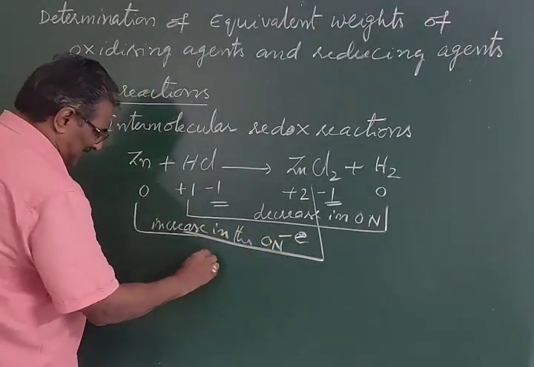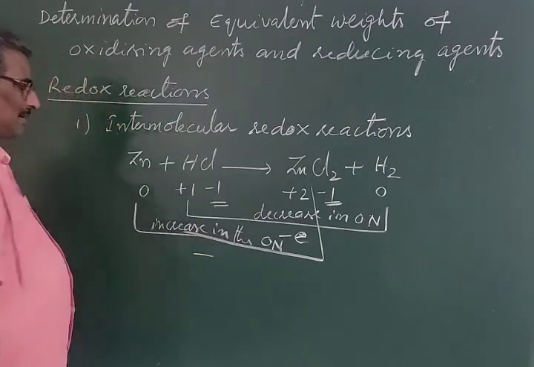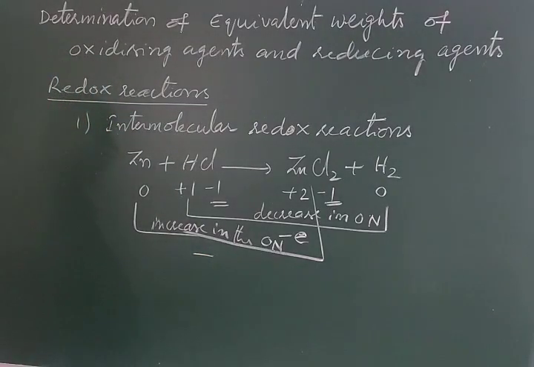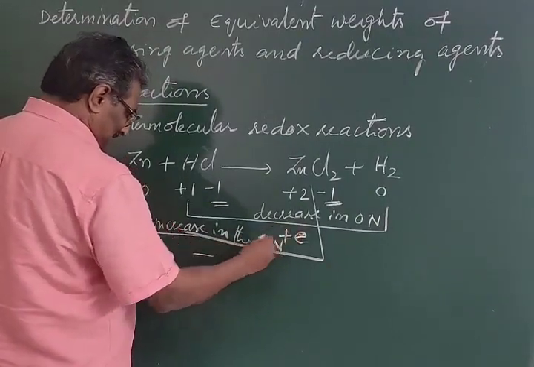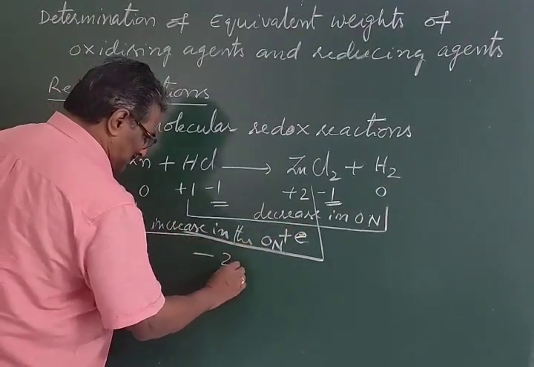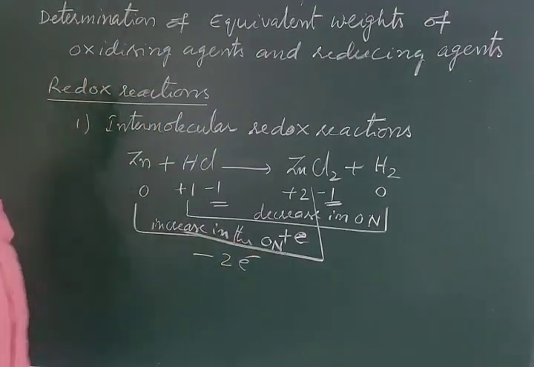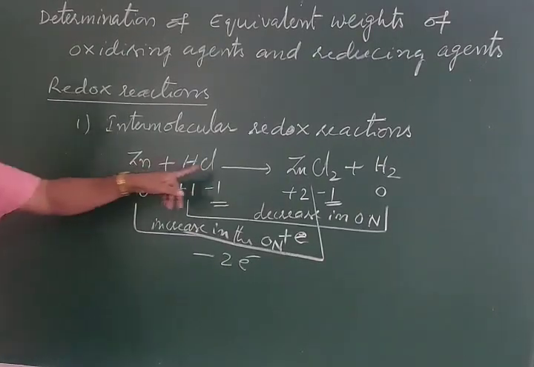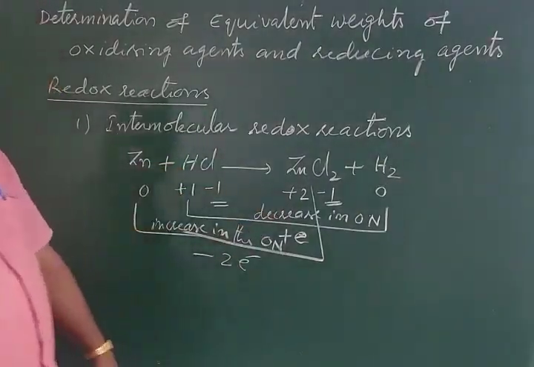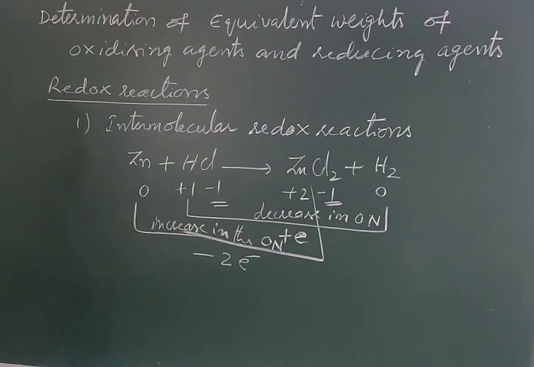This happens by the loss of electrons, by the loss of 2 electrons. Zinc is undergoing oxidation and hydrogen is undergoing reduction.